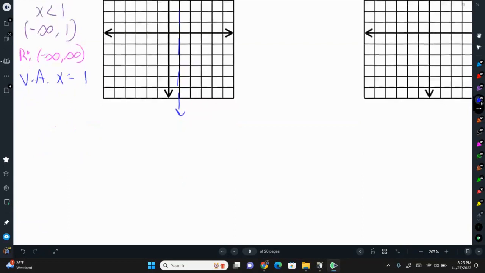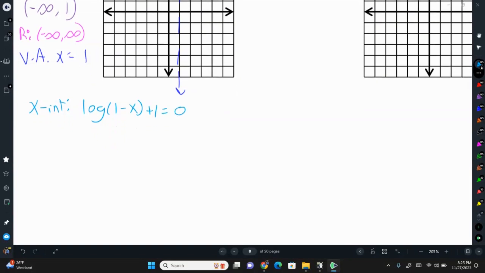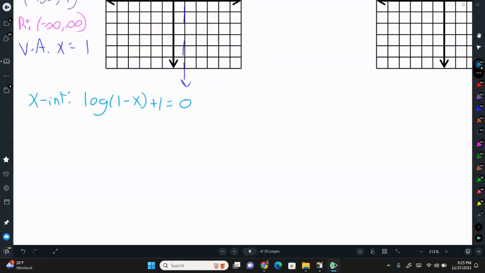Now for the x-intercept, we're going to set this equal to 0. Okay, so we have to get the log by itself. We'll subtract 1 from both sides. So log base 10 of 1 minus x equals negative 1.